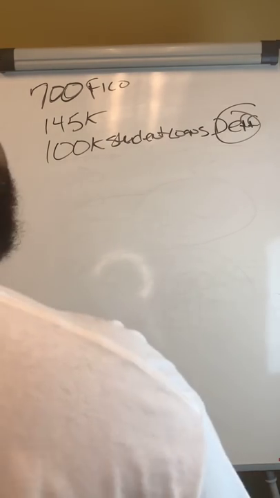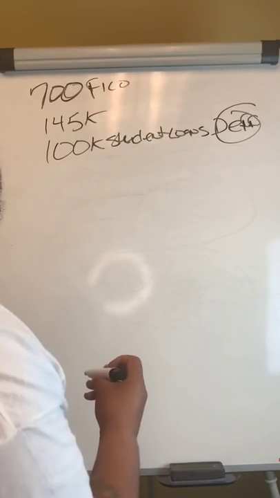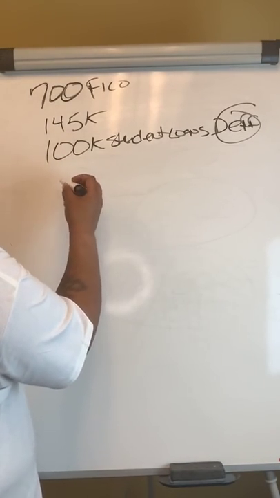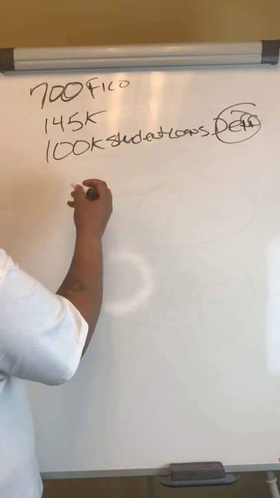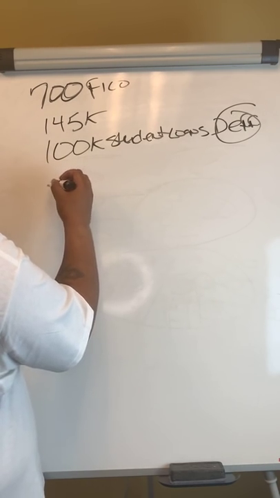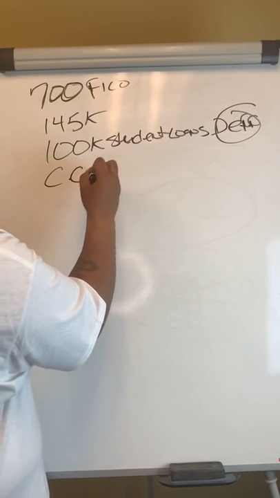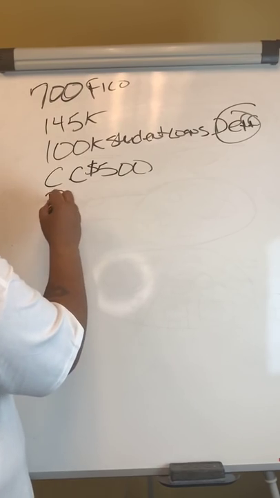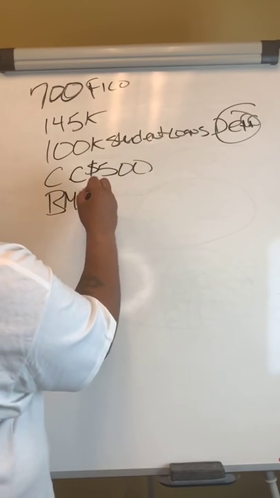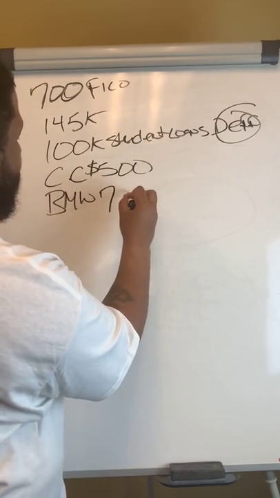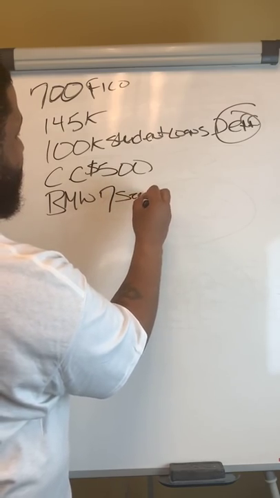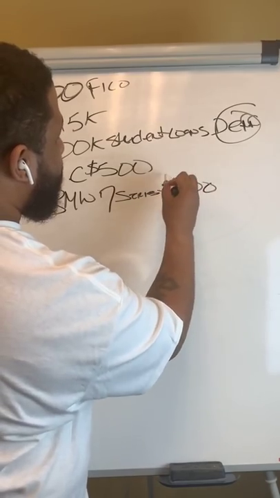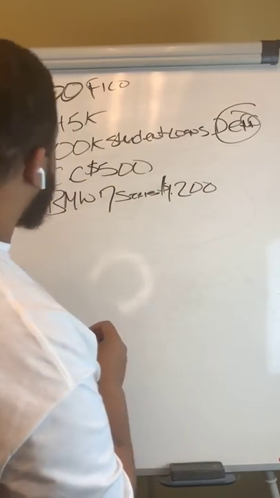So I got 100K in student loans, and I've got 25,000 to 30,000 in credit cards, paying about $500 a month. And I also got the BMW, the 7 Series, because I'm balling. That's going to cost me $1,200 a month, not including gas and insurance.